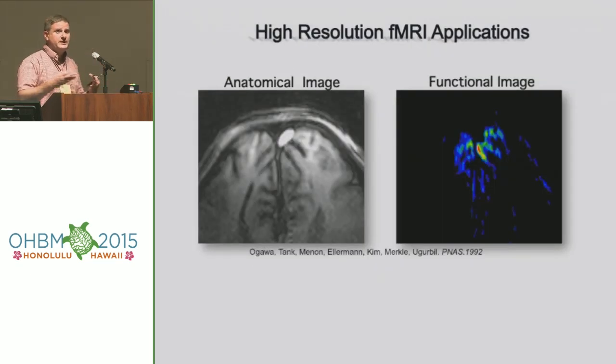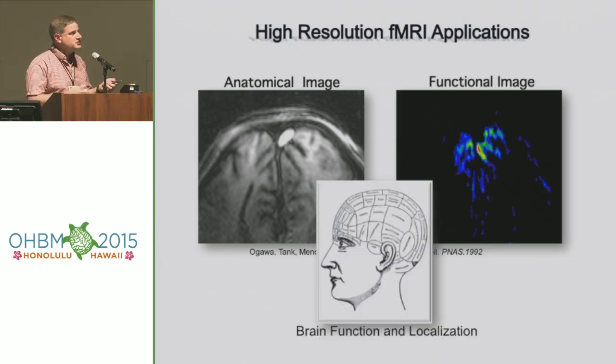So how can we combine all of this know-how that we developed from the animal studies to push human fMRI? From the early days, we got these blobs of activation, which didn't tell us much more than what we knew in the past about the correlation between brain function and localization.